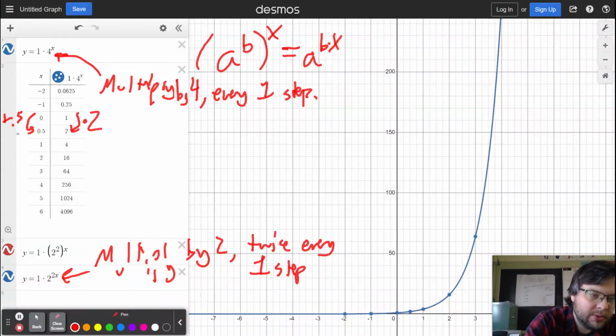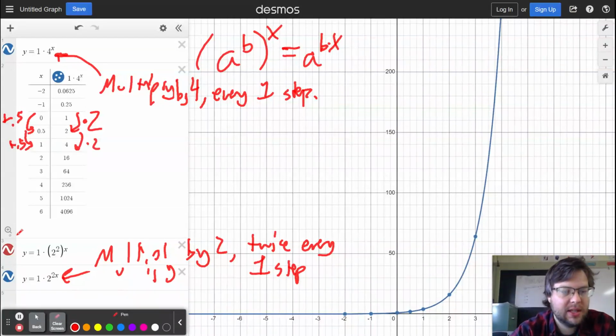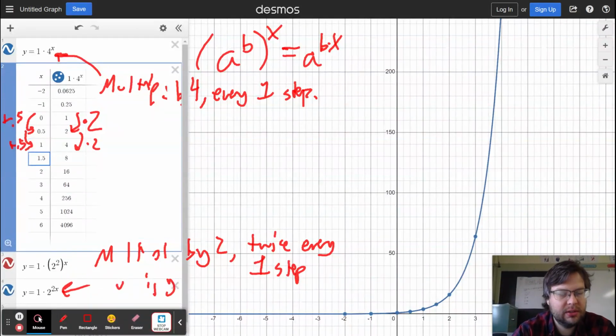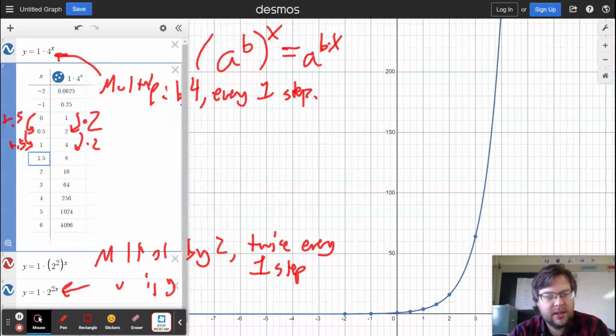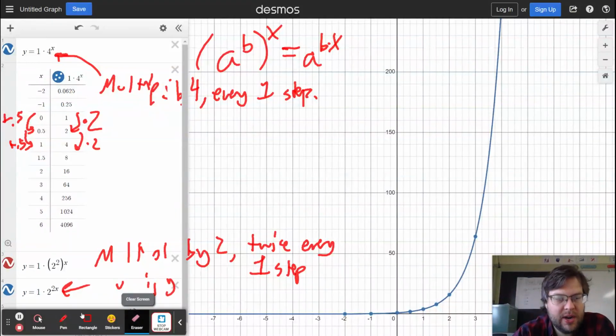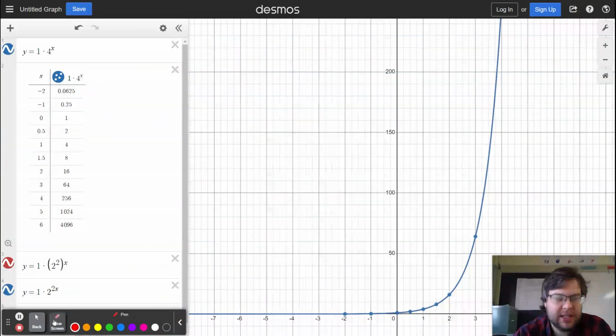So this is plus 0.5, another plus 0.5, another times 2. And you can see that as many times as you really want until you're convinced. 1.5 is another times 2. So using that exponent property of raising a power to another power lets me see that multiplying by 4 every one step is the same as multiplying by 2 every half step.